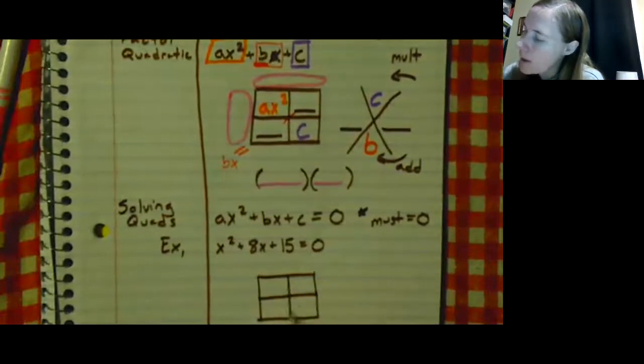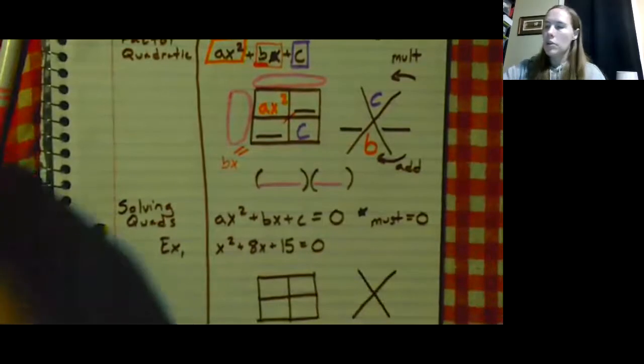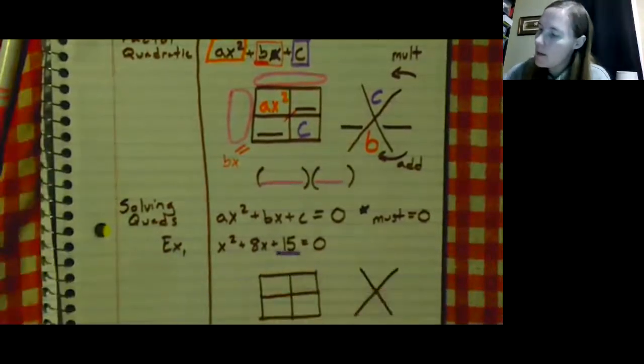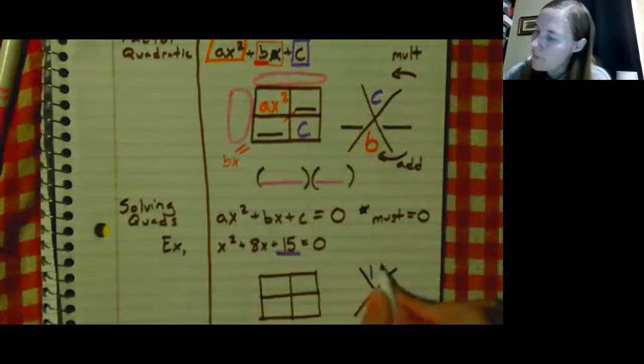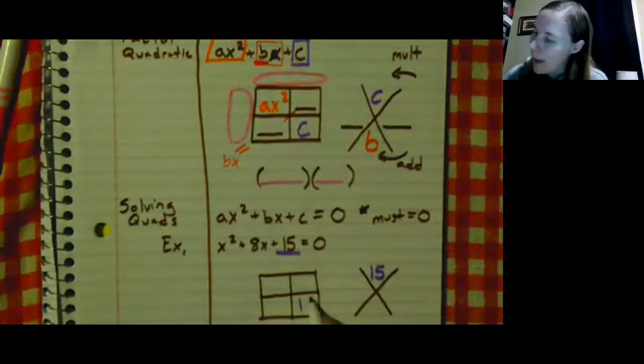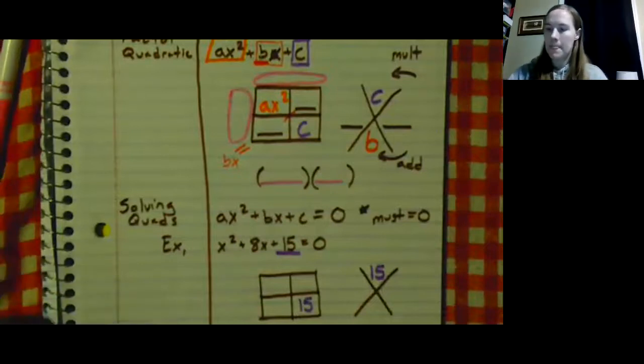Oops, I made it too small, whatever. And I'm going to draw my X factor over here. So I know the first thing, I know my c goes on my top here, so I have 15 here. And I also know that it goes in my box, my area model.